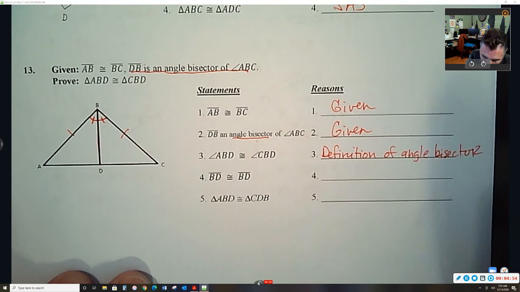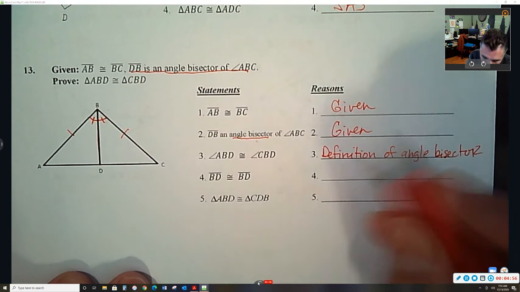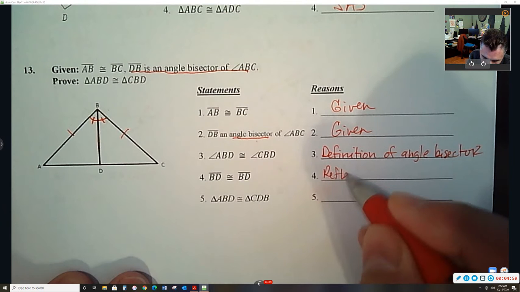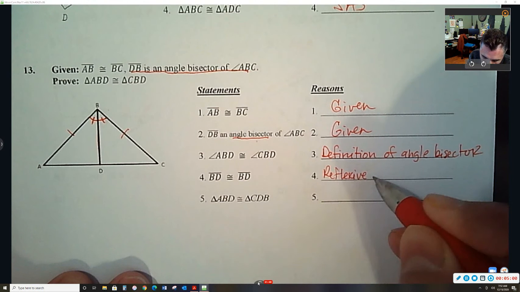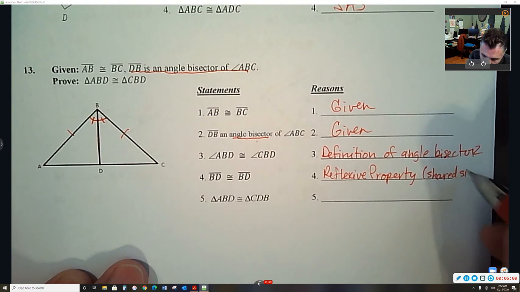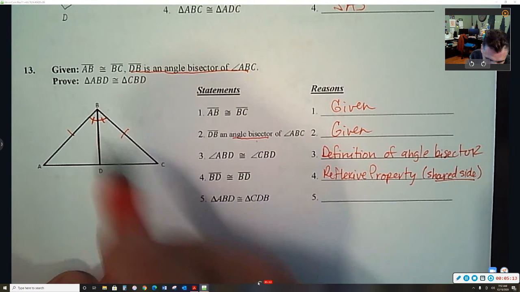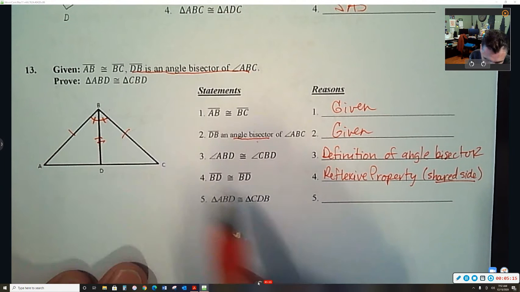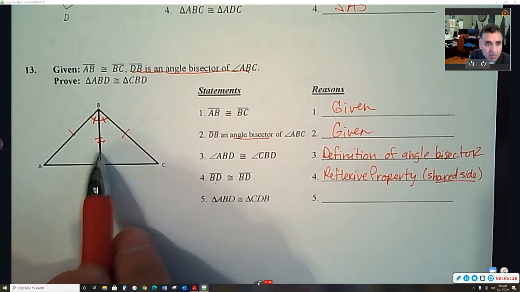And then this one, well, if you haven't figured out it's reflexive property yet, if you look at the diagram, you can tell it's a shared side, which is reflexive. Right? BD is congruent to BD.